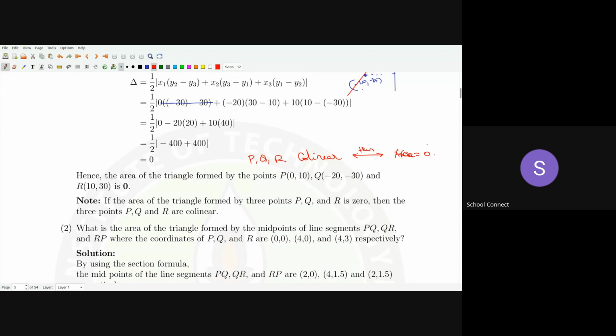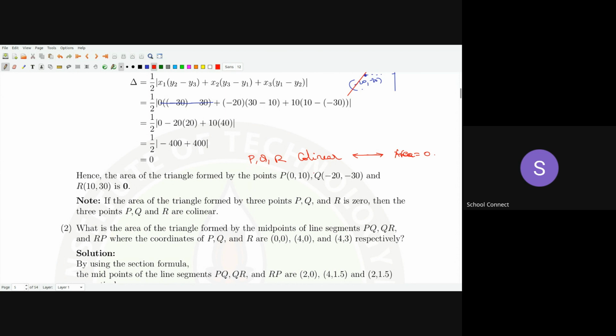The same goes the other way: if you choose any 3 points and compute the area, and the area is 0, then those 3 points are collinear. It works in both ways. Collinear implies the area of those 3 points is 0, and if the area of those 3 points is 0, then those 3 points are collinear.